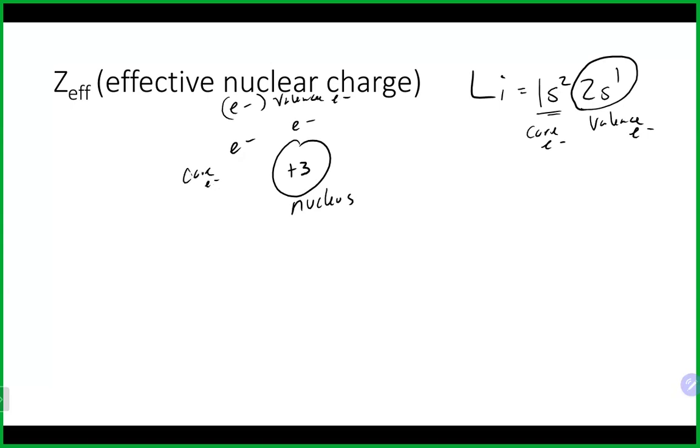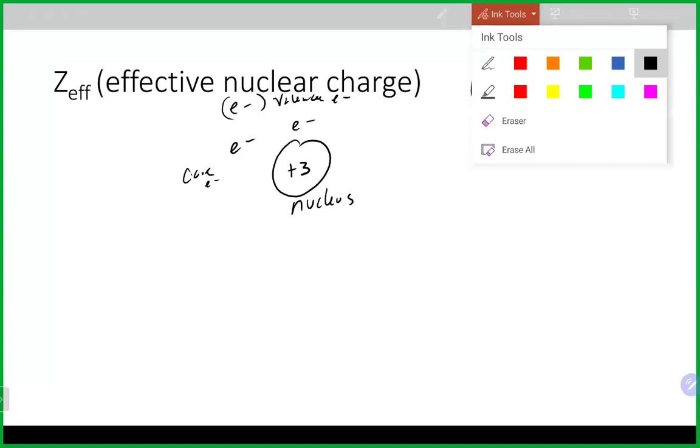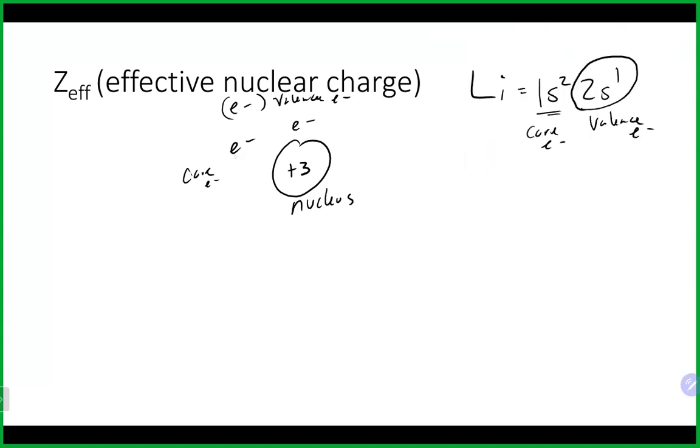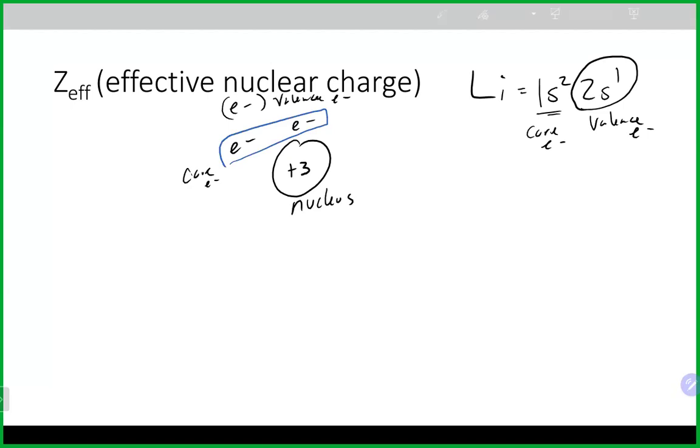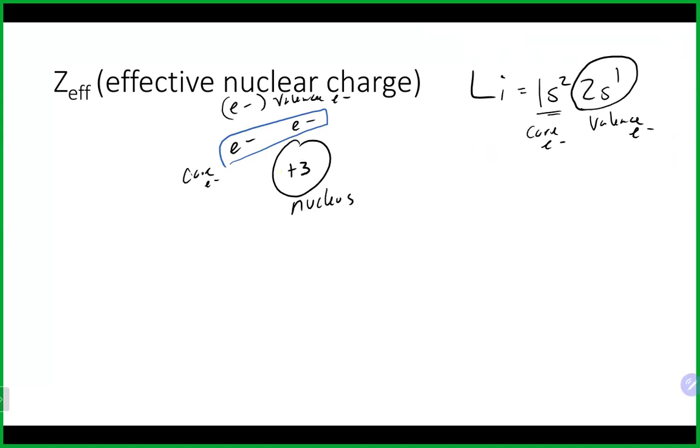And as we might have talked about previously, our core electrons are pretty much right up front. They're pretty close to the nucleus, so they're going to feel pretty much the full strength of that positive 3 charge. That's something we talked about, the electrostatic attraction: the attraction between a positive charge and a negative charge is related to the size of it.